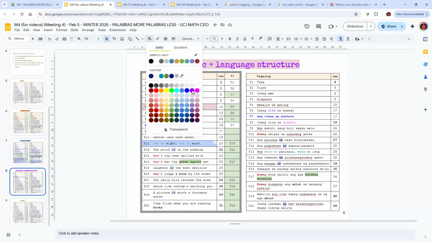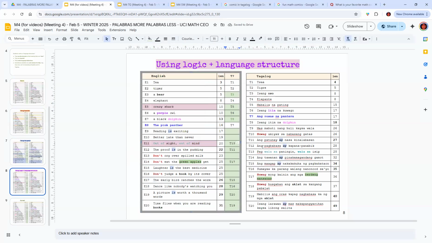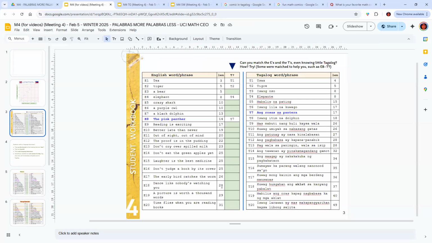And so let me mark it. And then the other 28, T12, I just look. Let's see if I can do it. 28 should go with 17. 17 here, reading is exciting.